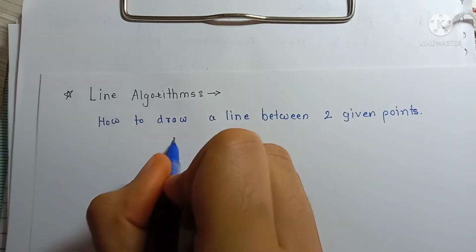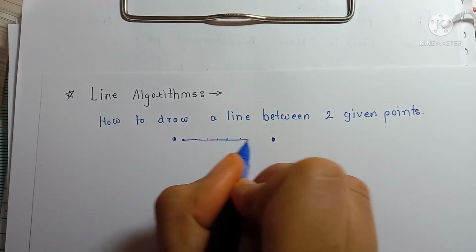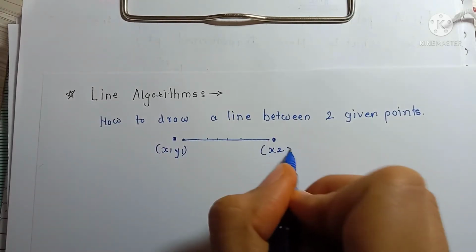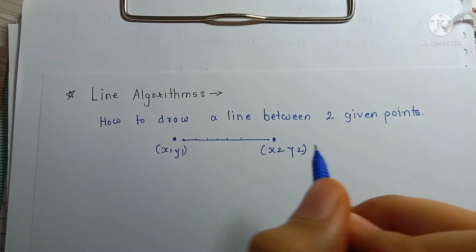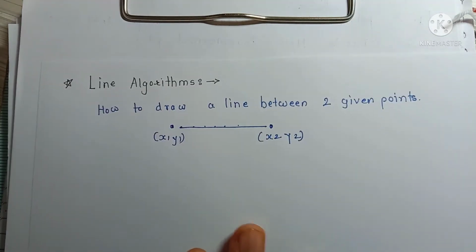The initial and the final point is given. We have to estimate these middle points and draw a line. This is x1, y1. This is x2, y2. So this is line algorithm. We will study 5 different algorithms.